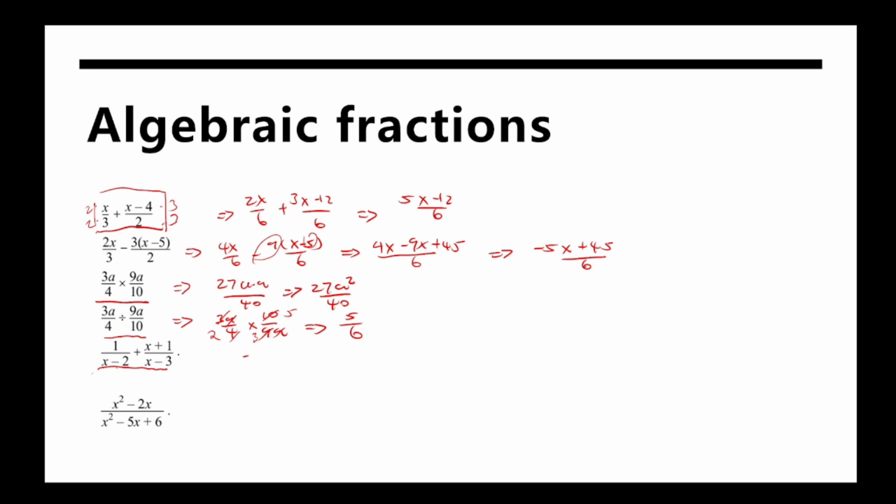So what we do is we try to make the denominator the same, and we do this by multiplying by the other denominator, which makes this (x − 3) over (x − 2)(x − 3) plus (x − 2)(x + 1) over (x − 2)(x − 3).